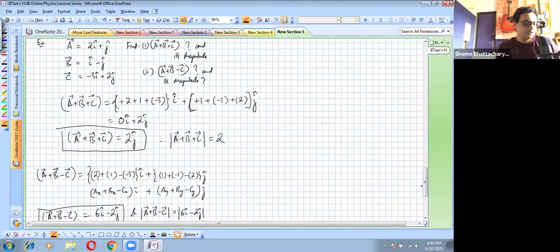Okay, so these are the operations that we learned to do in the last lecture. So let's now start applying these to the worksheet problems.